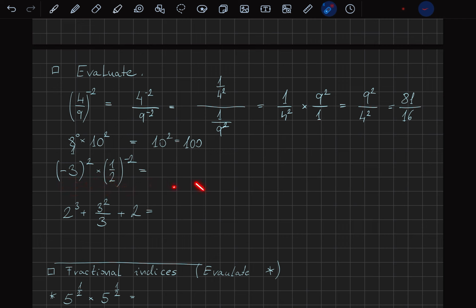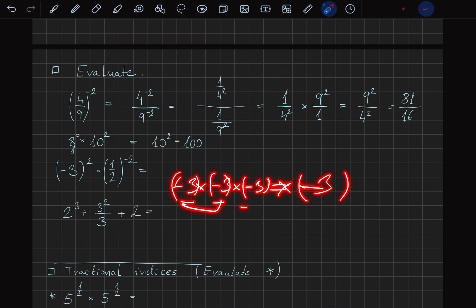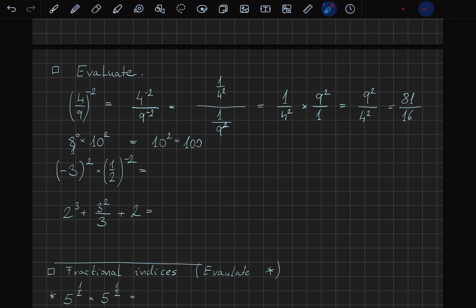What happens if I raise minus 3 to the power 3, minus 3 times minus 3 times minus 3? It will be minus times minus is plus, times minus is minus, times minus 3 is plus. Okay, so this is how it will work.